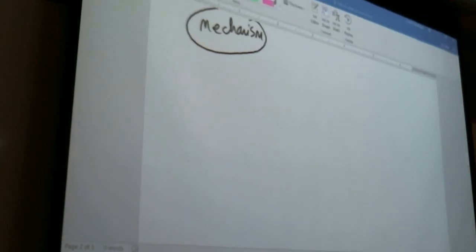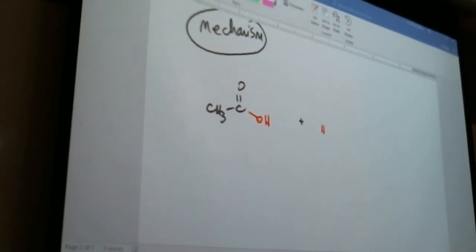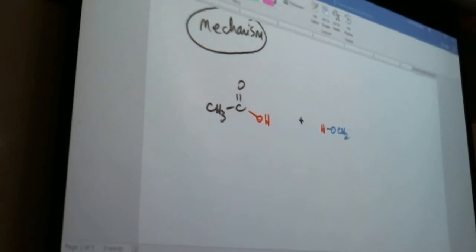In what we call a Fischer esterification reaction, you're going to have a carboxylic acid, you're going to have an alcohol, you're going to put some acid and heat this.